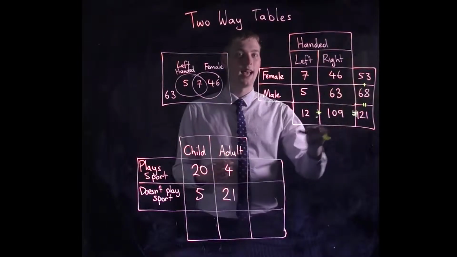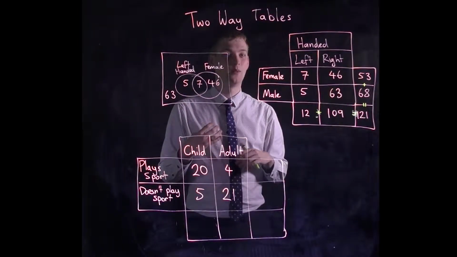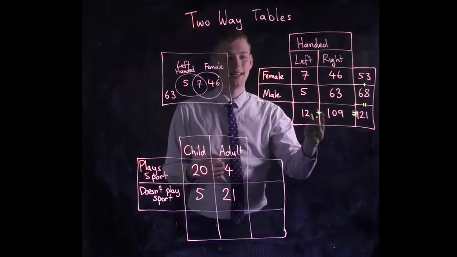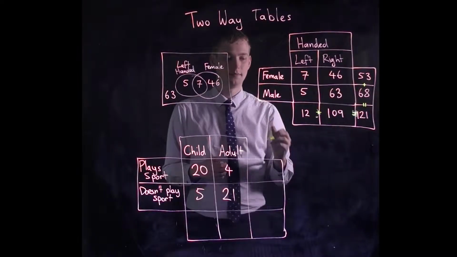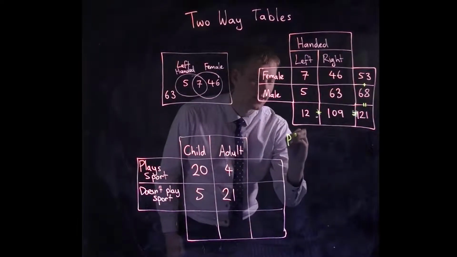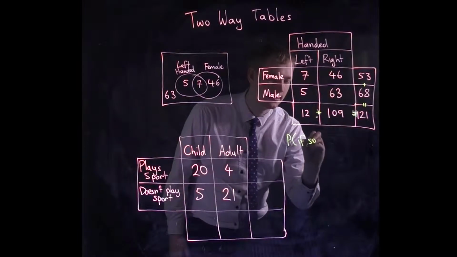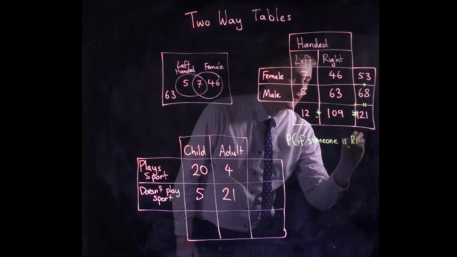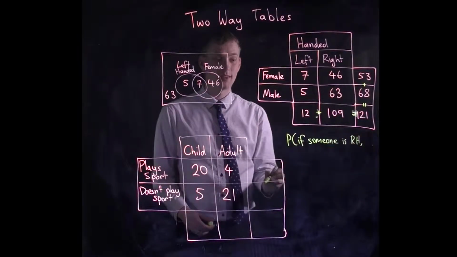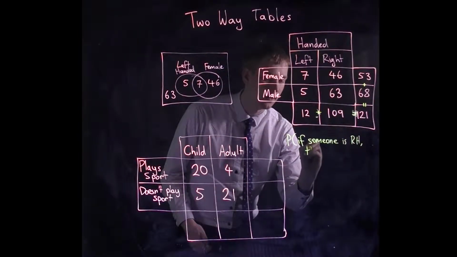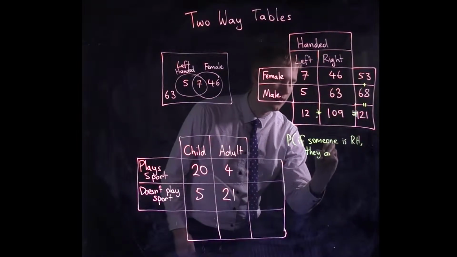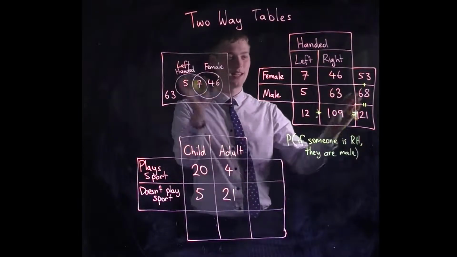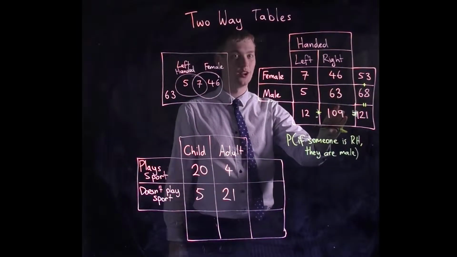These numbers come in handy for questions when we are working out, say, what's the probability that if someone is right-handed, they would also be male. We'll just go RH to save time: if they're right-handed, they are male. Now in this situation, we forget about everything except for the right-handed column.